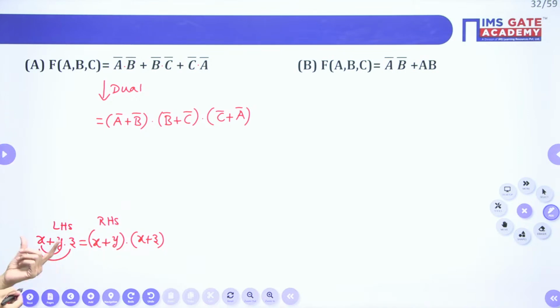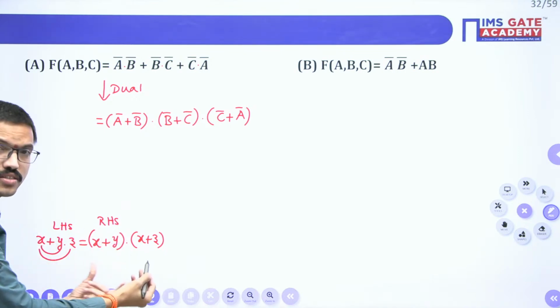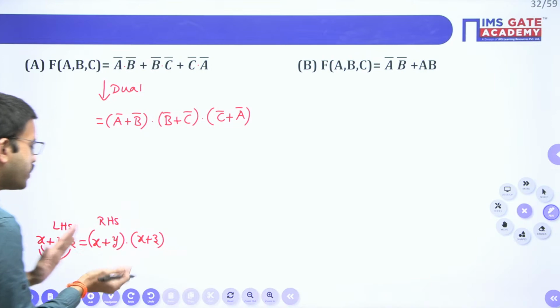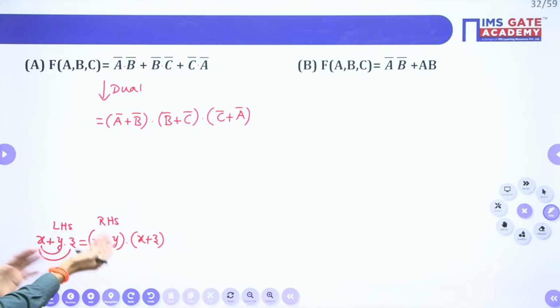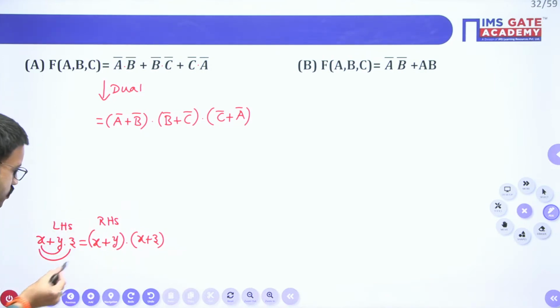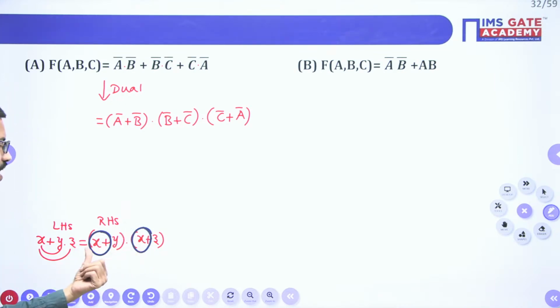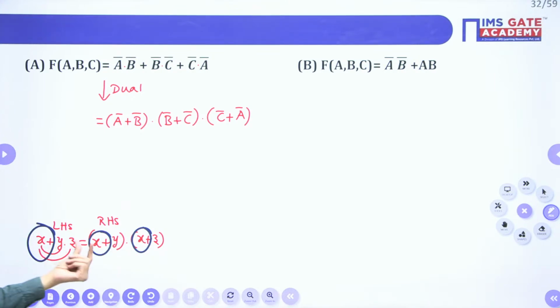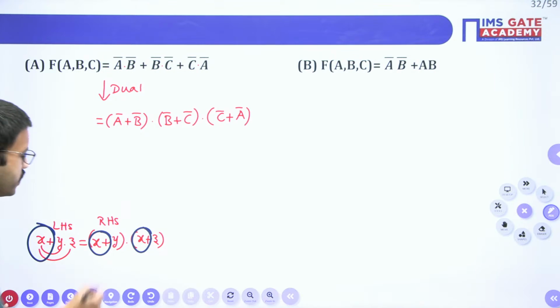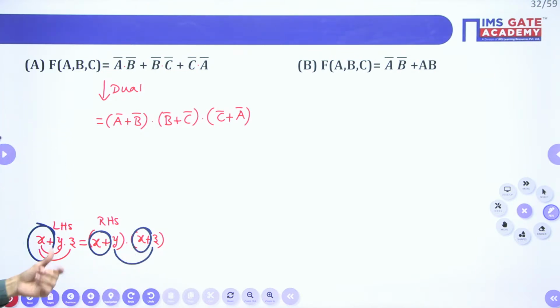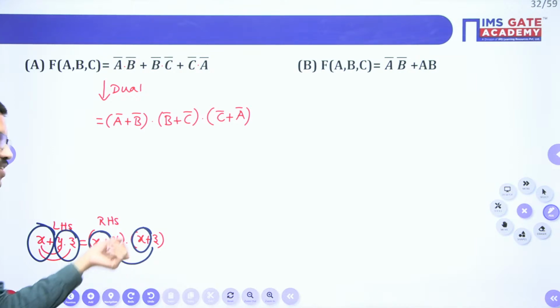If you have terms like this, you can write like this. And if you have terms like this, you can write like this also, because both are equivalent. Just observe that in both the terms, x plus is same, so write x plus as it is, and then for the other variables just perform logical AND. So this RHS to LHS is applicable for variables, and it is applicable for terms also.